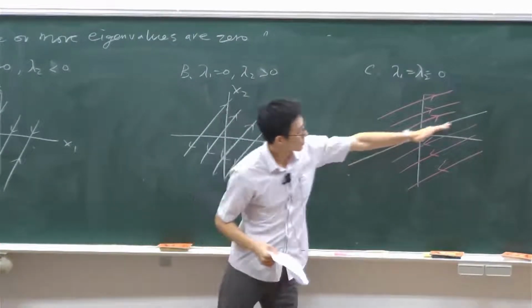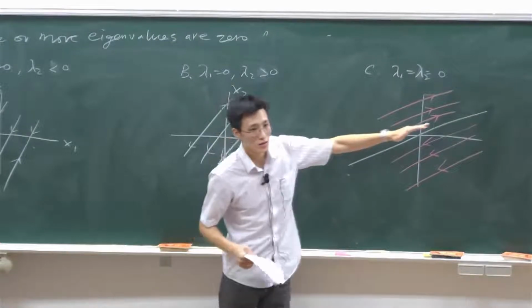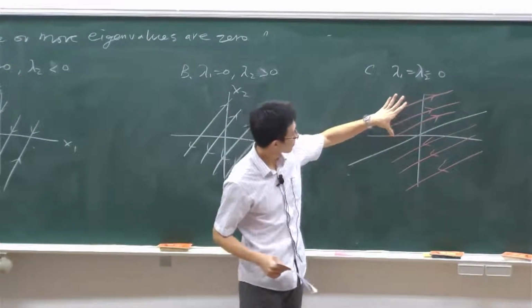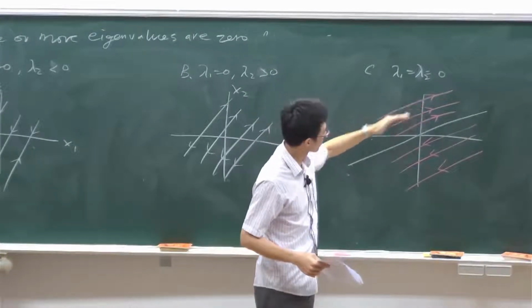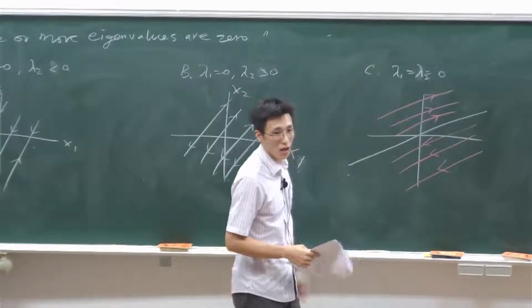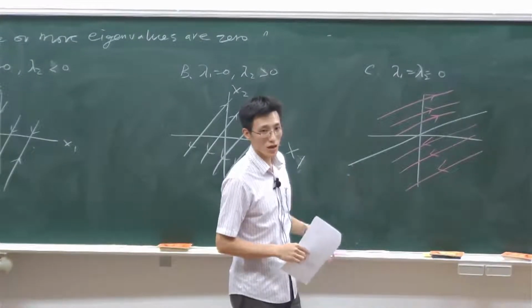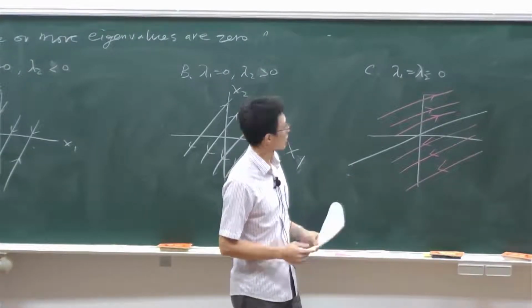This direction is determined by the eigenvectors of this eigenvalue. One will go this way, one will go the other way, and it's unstable. It never stops.